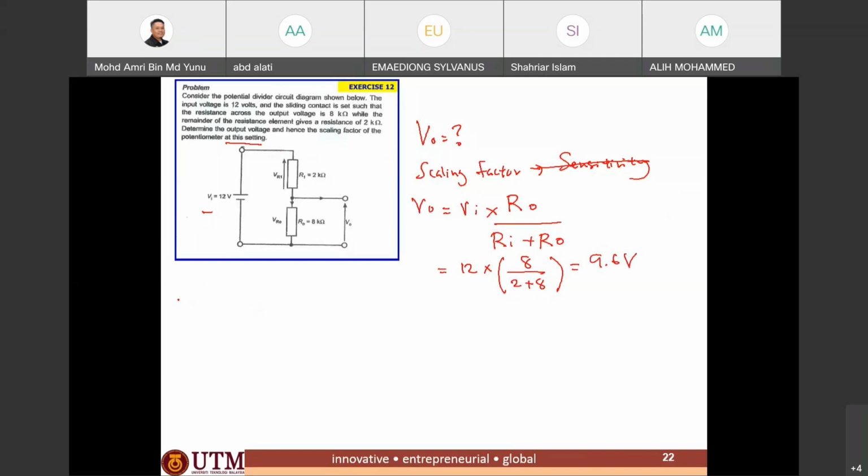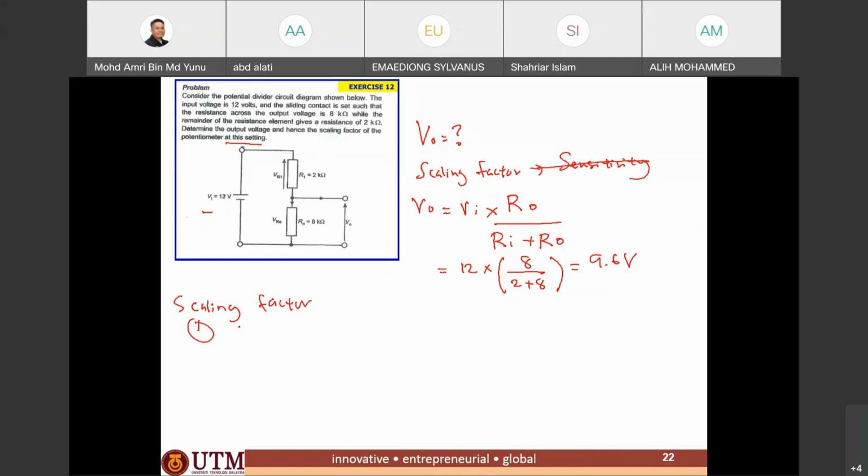So there are two ways to find the scaling factor in this setting. First, from V out over V in, or R out over R in plus R out.